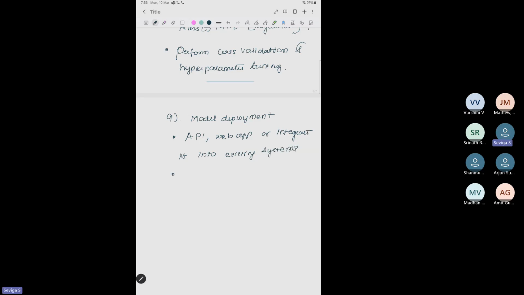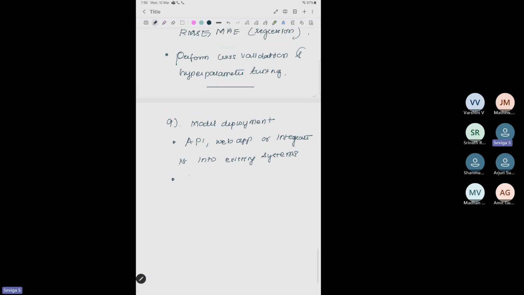Model deployment will also include optimizing for the inference speed. We have to optimize it so that the inference speed is good, and also it is resource efficient.